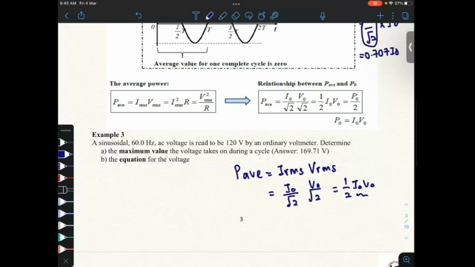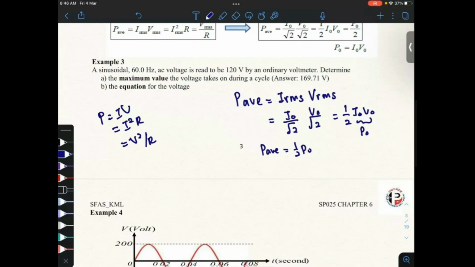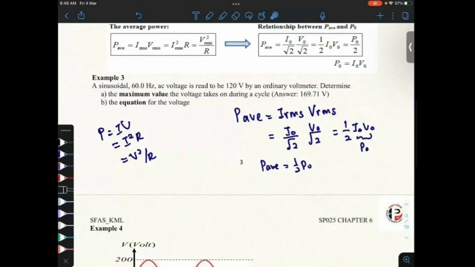Okay, I naught, V naught adalah I darab V sentiasa gives you a P. Sebab P sama dengan IV, P sama dengan I square R, P sama dengan V square over R. So, I darab V adalah P. However, sebab ini adalah I naught darab dengan V naught, iaitu peak current darab dengan peak voltage, you're going to get peak power. Power yang paling maksimum you could have. So, your P average is half of your P maximum. Okay, untuk in terms of power, average power kamu adalah half of the P maximum.